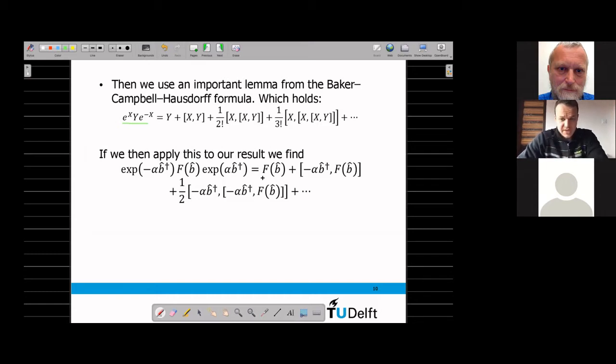The first term is f of B. The second one is a commutator between minus alpha B dagger and f of B, and so on. The second term has one commutator, the third has two commutators inside each other. But we have already calculated this commutator in question A, and we know the result of it.